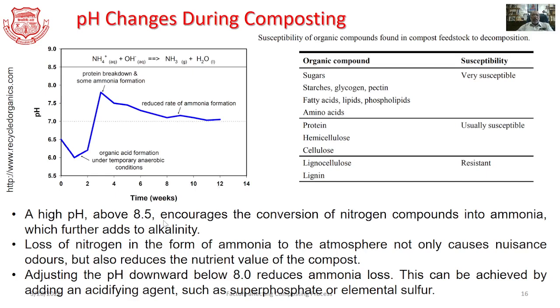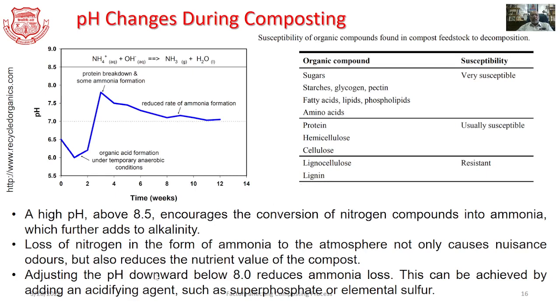A high pH above 8.5 encourages the conversion of the nitrogen compounds into ammonia, which further adds alkalinity, in order to attain a pH value of 8. Also, the loss of nitrogen in the form of ammonia to the atmosphere not only causes the nuisance of odors, but it also reduces the nutrient value of the compost.